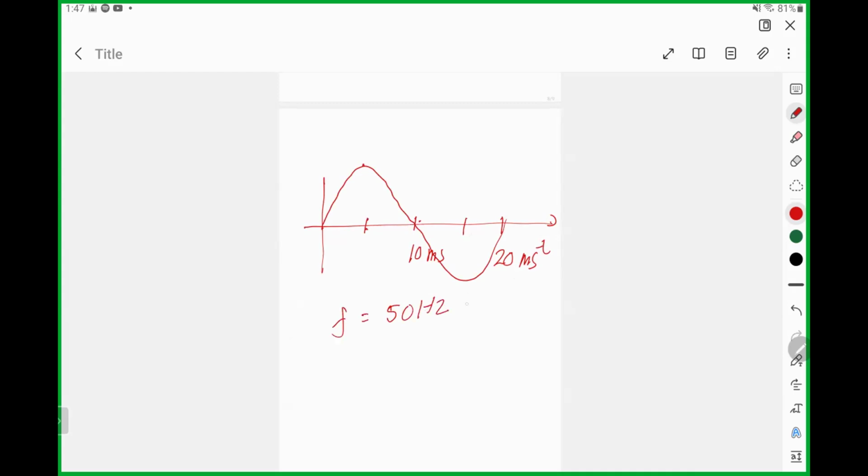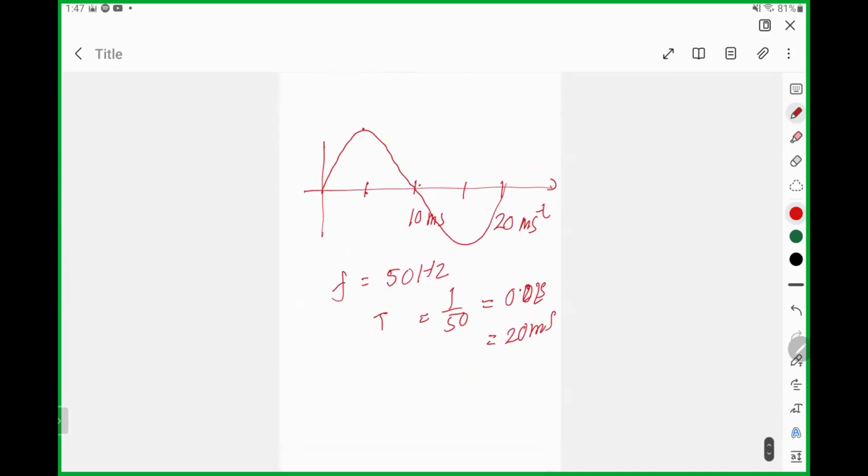Okay, f equal to 50 hertz. That means I can find T equal to 1 over 50. That will be equal to 0.02 second, right? So 0.02 second, and I can take this as 20 millisecond. That's how we have calculated. Now let us take a look at the frequency doubled.